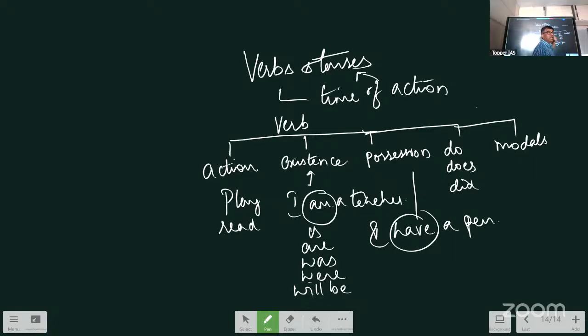Okay. Now, this is also a verb. For example, I do my homework. It indicates that you are in the process of an action. Modals andre yavdu? Will, can, shall. ಒಂದೊಂದಕ್ಕೆ ಒಂದೊಂದು ಅರ್ಥ ಇದೆ. Each modal has a meaning. For example, if I say I will teach you, ನಾನು ಪಾಠ ಮಾಡ್ತೀನಿ.